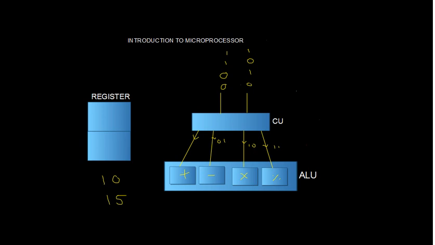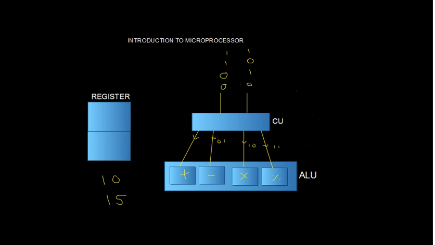Now where do you have to put these operands? Can we put these operands on air? That's not possible. It requires some space. Like if you take banana or mango, whatever it may be, and you want to perform some operation in the mixie, you have to place it in some storage place, that is the jar.